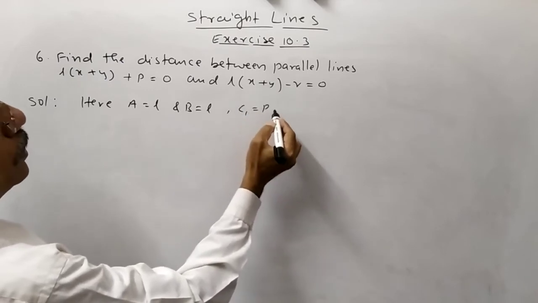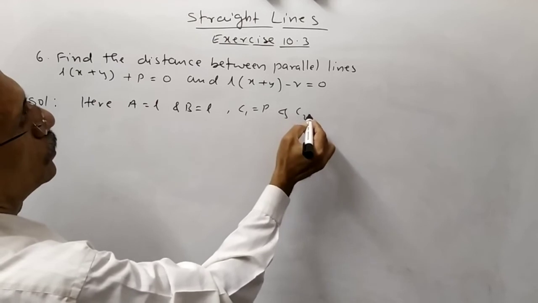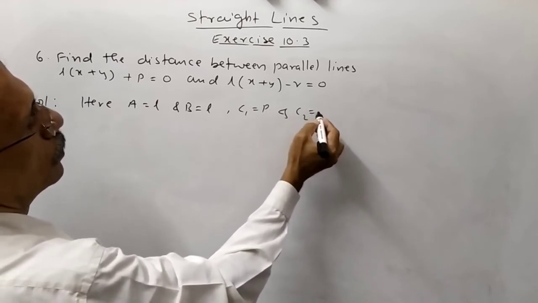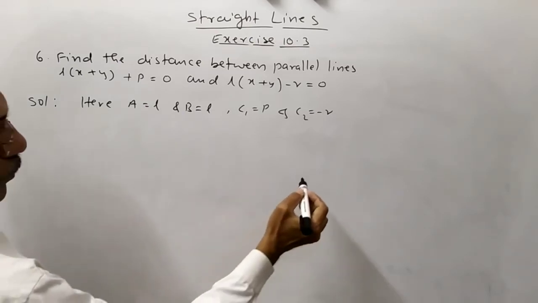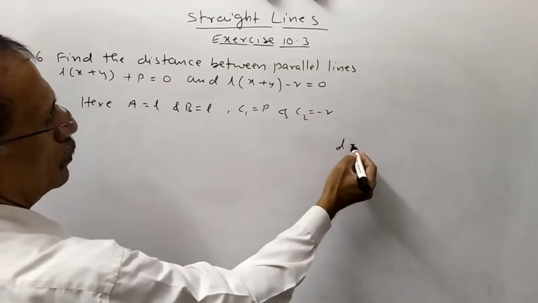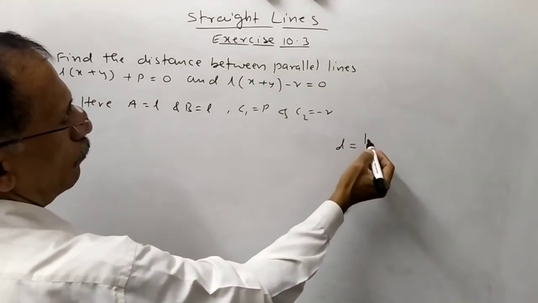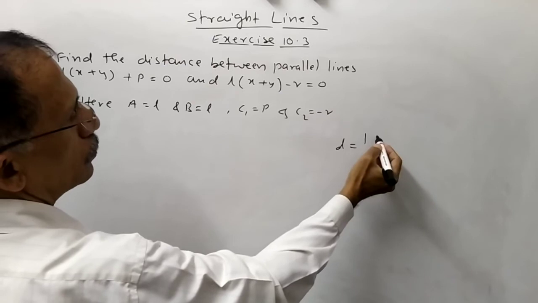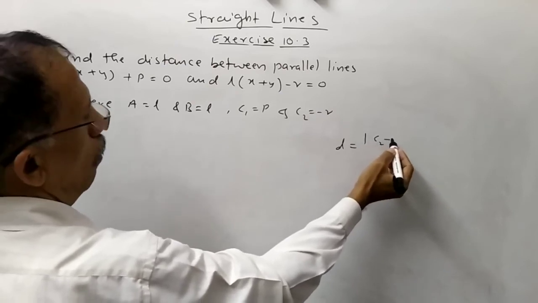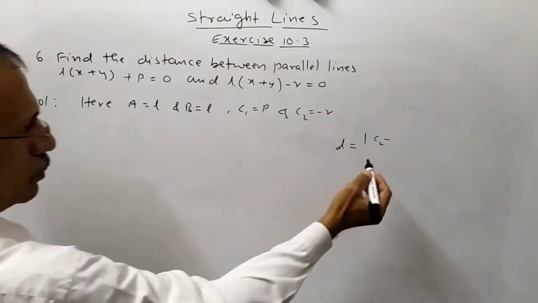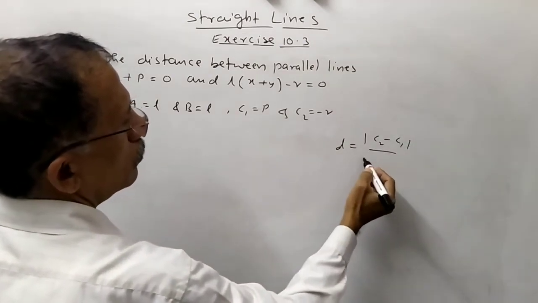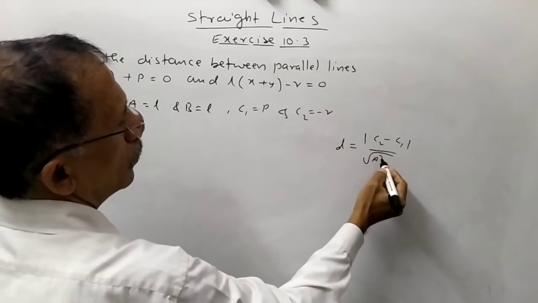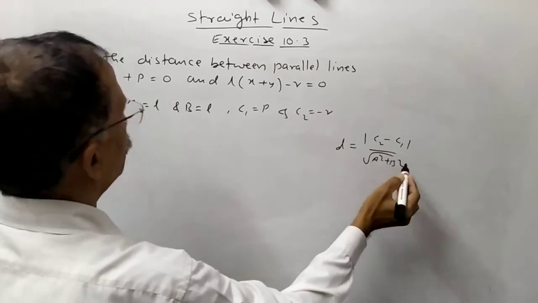C1 is equal to P and C2 is equal to minus R. What is the formula? D is equal to absolute value of C2 minus C1 or C1 minus C2, over square root of A square plus B square.